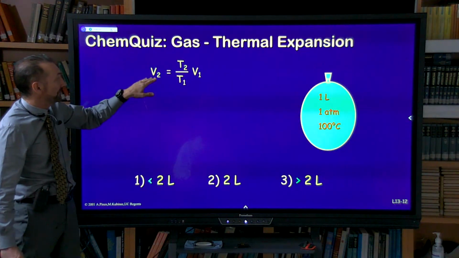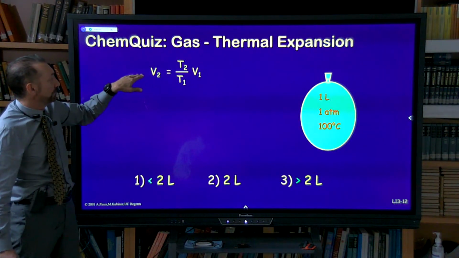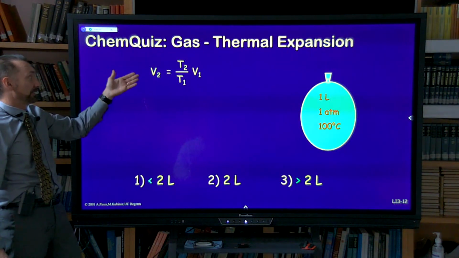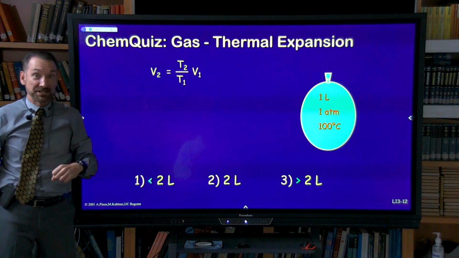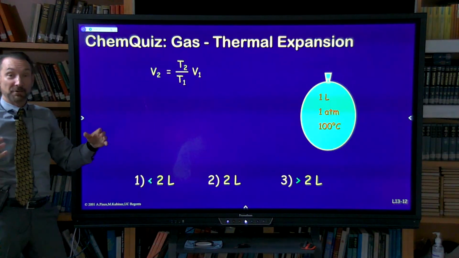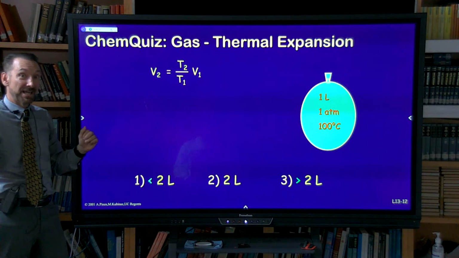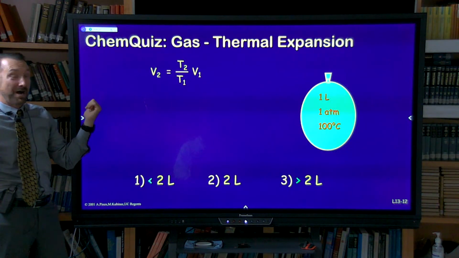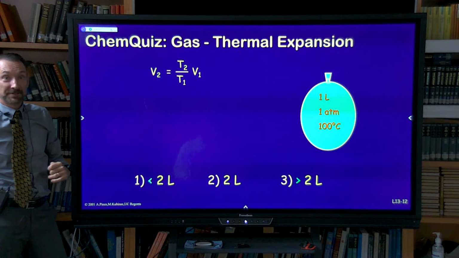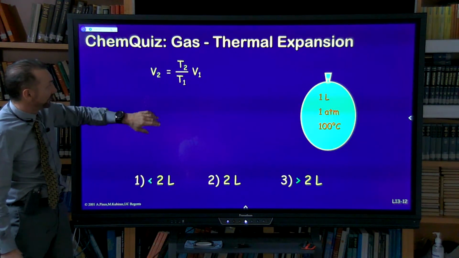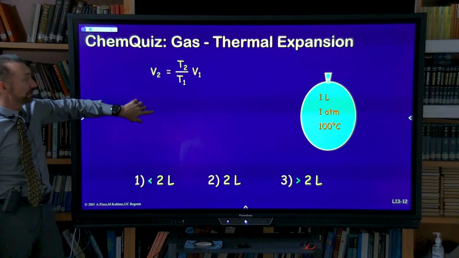The volume of the gas, we can just say PV equals nRT in the initial conditions and PV equals nRT in the final conditions. And then what stayed constant, the P and the n go out, the V and the T are left. And you can solve for the final volume. It's the ratio of the temperatures.